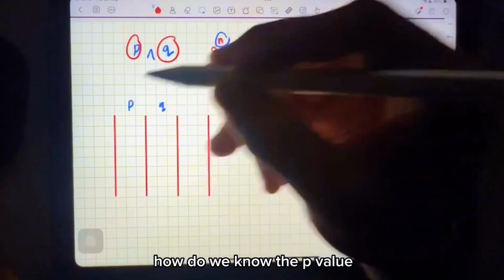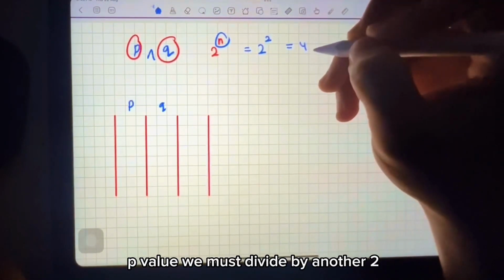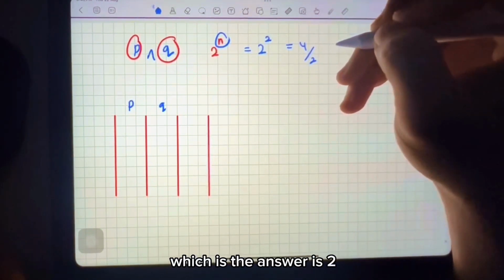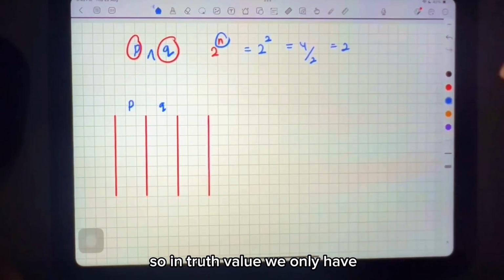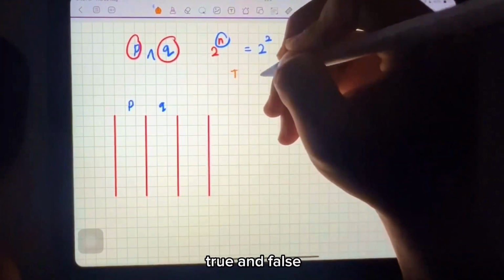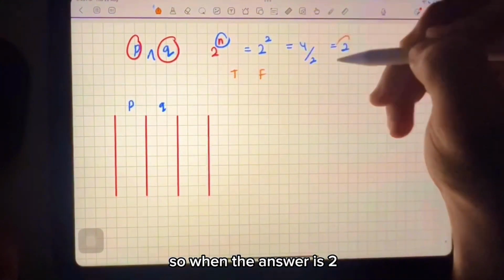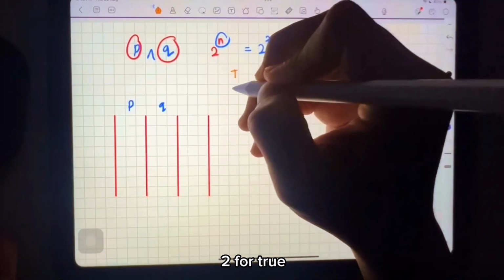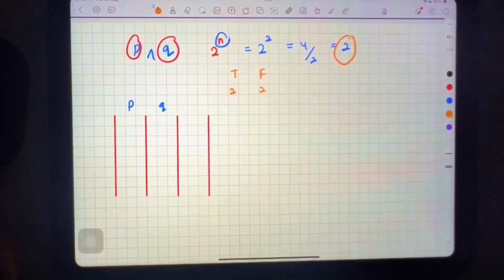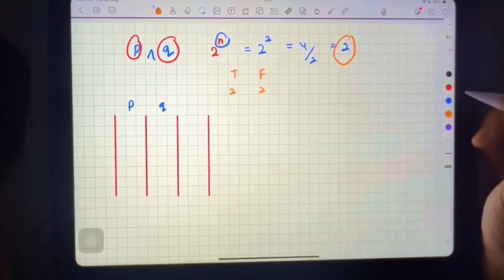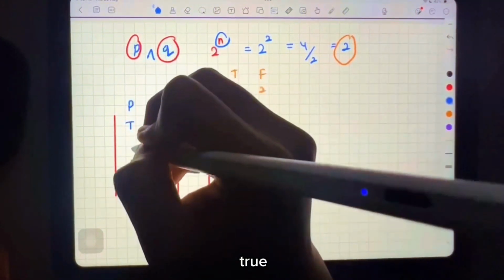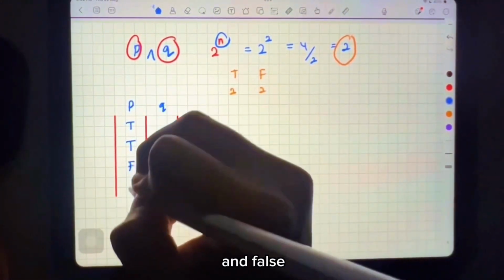Okay, how do we know the P value? For the P value we divide by another 2, which gives 2. In truth values we only have true and false. So when the answer is 2, we must have 2 for true and 2 for false. Then you just put it in P: true, true, false, and false.